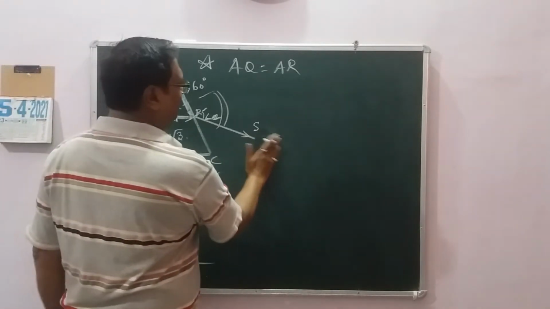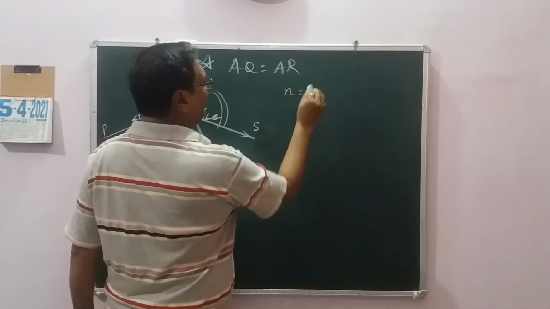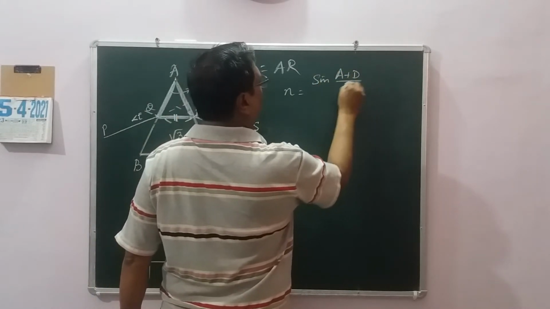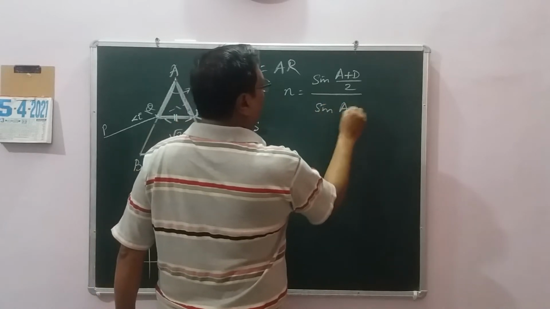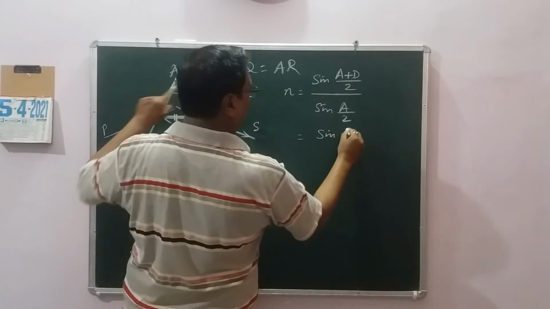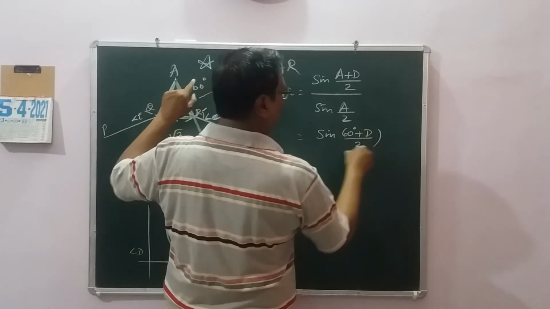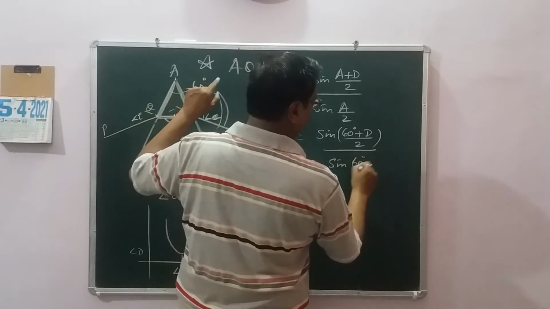Let me keep the problem aside and try to solve it. Refractive index n is equal to sine of (A plus D) by 2 divided by sine of A by 2. That is sine of (60 degrees plus D, which we don't know) by 2, divided by sine of 60 by 2.